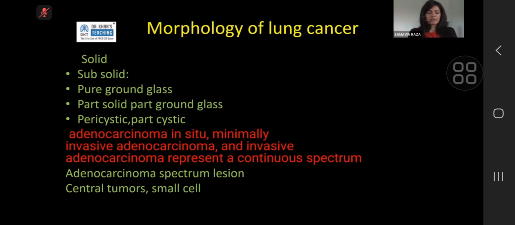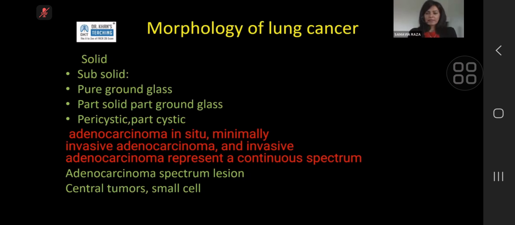So previously, what was called adenocarcinoma in situ, minimally invasive adenocarcinoma, invasive adenocarcinoma, we now know that this is a continuous spectrum. By continuous spectrum, we don't mean that a carcinoma in situ slowly goes into a minimally invasive and goes into an invasive, like a linear pattern over time. That would be ideal, because that would make predicting and following up much easier.